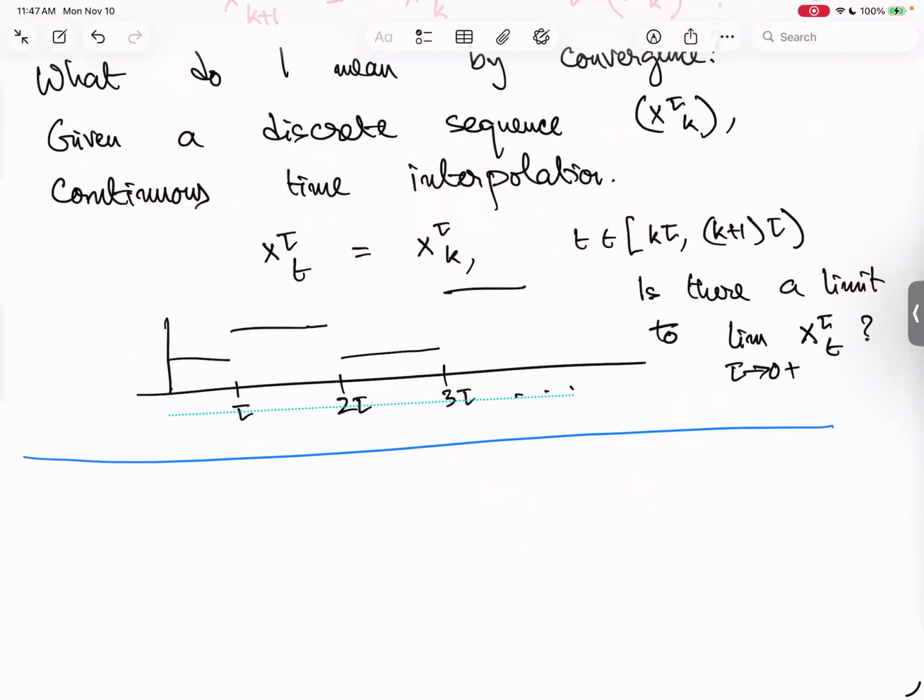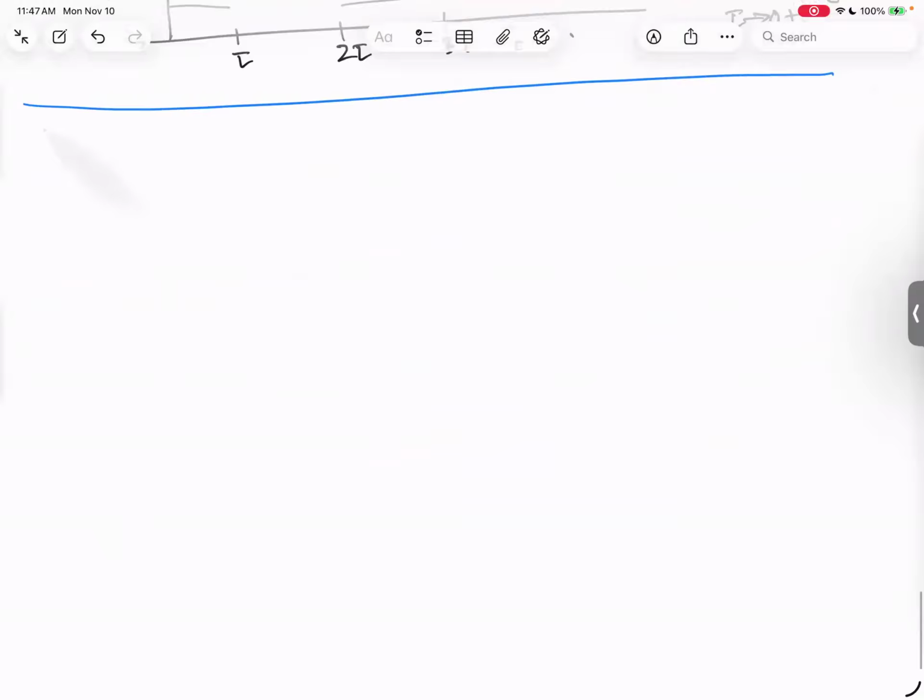Now to run the implicit scheme, how do we actually run this implicit scheme? One of the other good things about the implicit scheme is that there is a variational formulation of the scheme, which does not even require the concept of derivative. So variational representation or formulation of the implicit scheme.